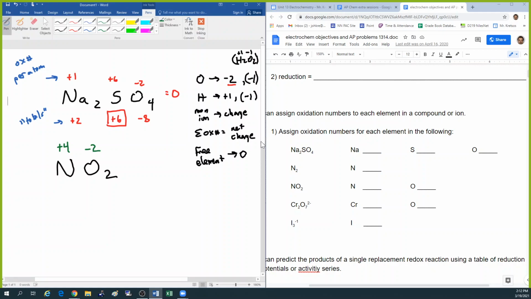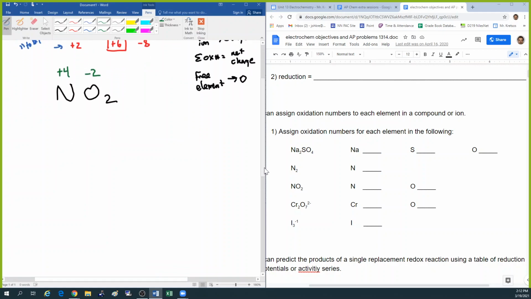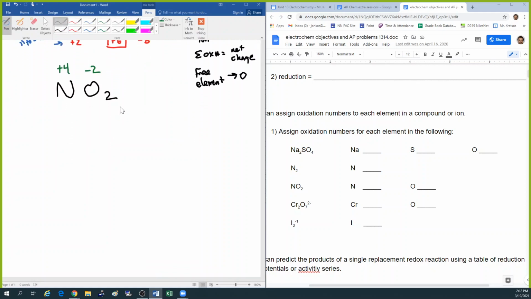I'll just keep taking whoever answers, and if somebody has a question, feel free to chime in with your question. Here's the dichromate ion, a weird looking one. What do we do with this?